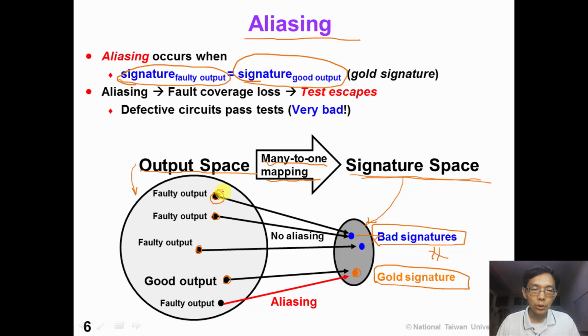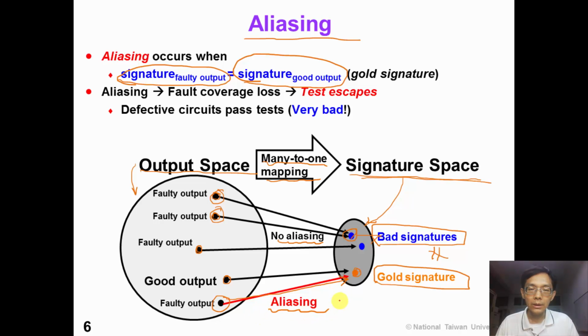Even though these two bad outputs are mapped to the same signature, this is not aliasing because we know that they are bad chips. However, for this faulty CUT, the faulty output is compressed into the same gold signature.